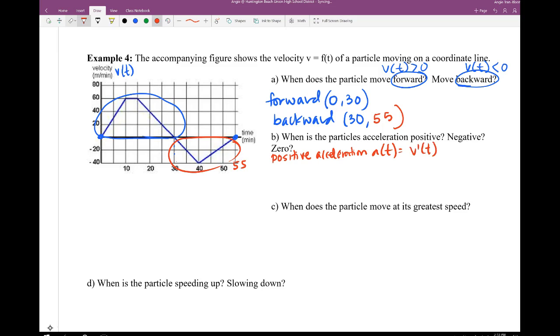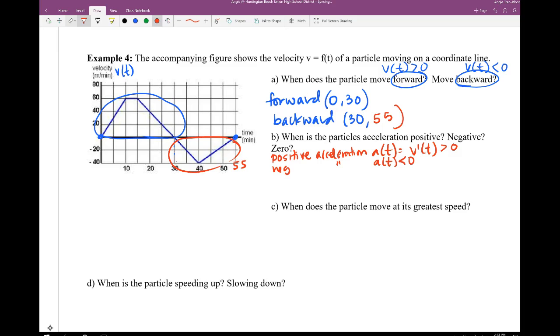So it has to be positive, right? And when is there a negative acceleration? When a of t is less than 0. And when it's 0, that's when the derivative is 0.